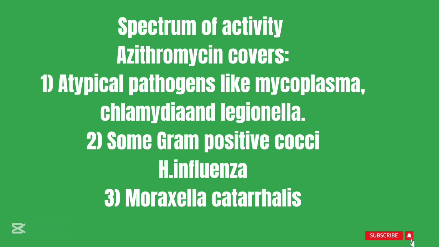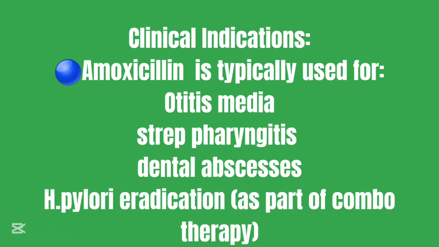It also covers some gram-positive cocci, and it also has effect against H. influenza and Moraxella catarrhalis. Clinical indication: amoxicillin is typically used for otitis media, strep pharyngitis, dental abscess, and in H. pylori eradication therapy as part of the combo therapy.